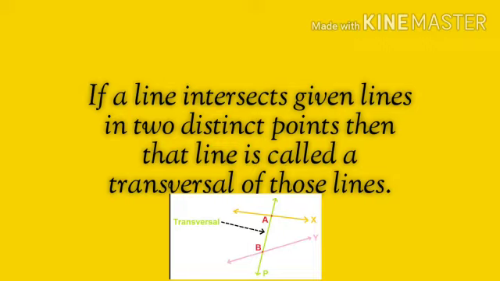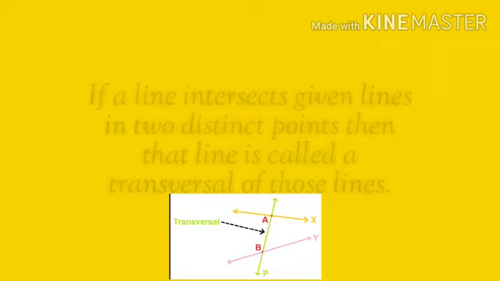If a line intersects given two lines in two distinct points, then that line is called a transversal of those two lines. There are a total of 8 angles made by a transversal.